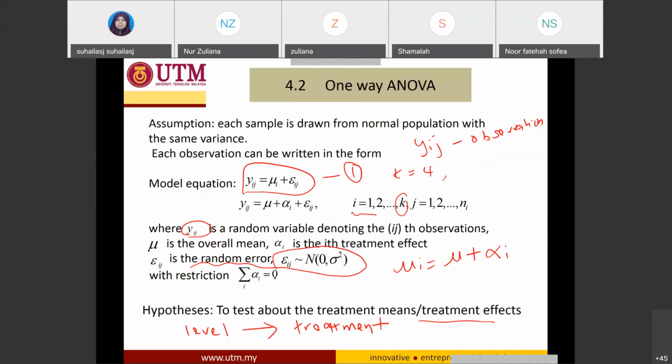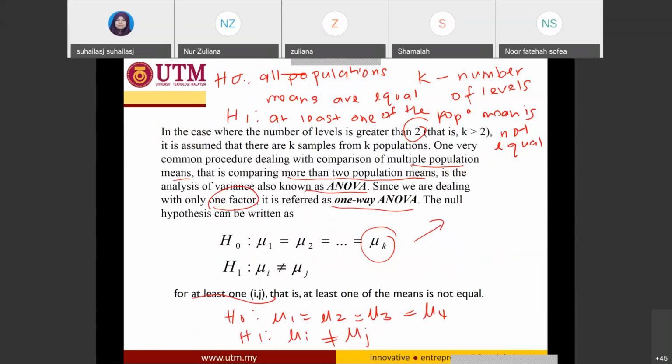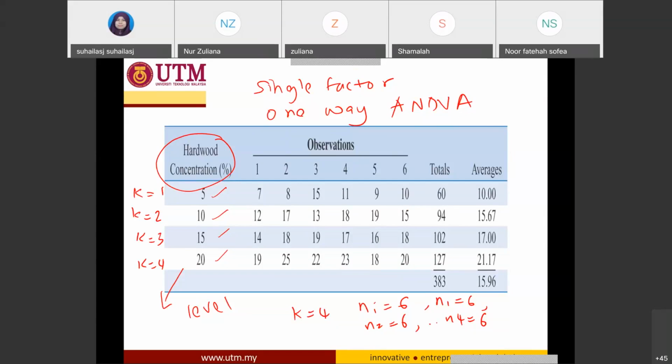You can test about the treatment mean or about the treatment effect. We call mu I the treatment mean, mu1 equals mu2, mu3, mu4. Alpha is your treatment effect. Treatment and level are the same, number of levels, number of treatments. K is the number of levels, and then you have your observations.